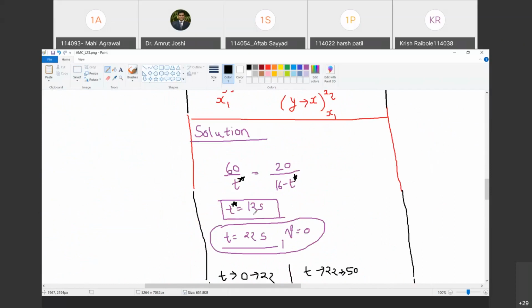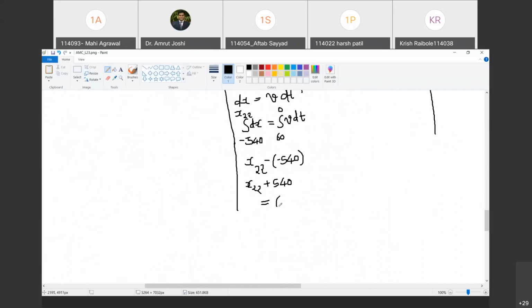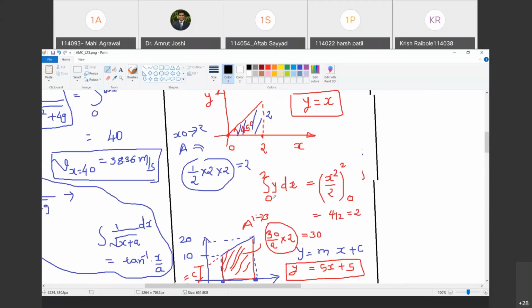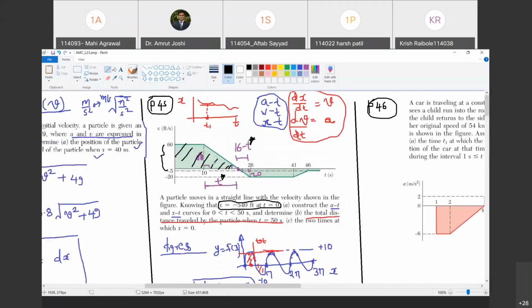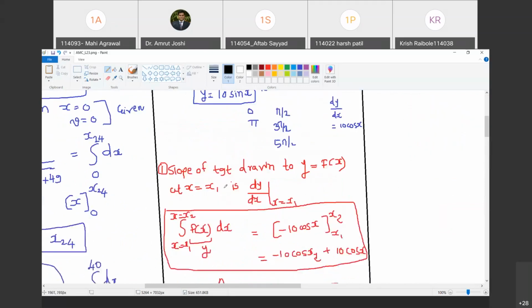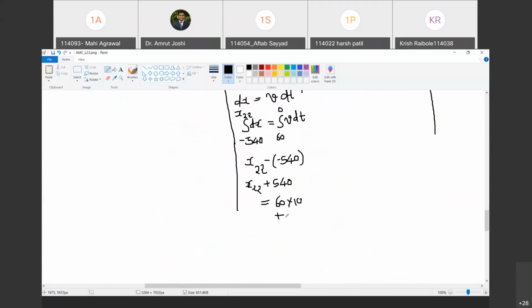Do you agree with me? Yes, sir. 60 into 10. Chalo, plus. Bolo. How much is this area? Half into 60 into 12. Yes, sir. ये 12 है ना. So half into 60 into 12. So I am going to write that. Plus half into 60 into 12. Happy? Yes, sir.